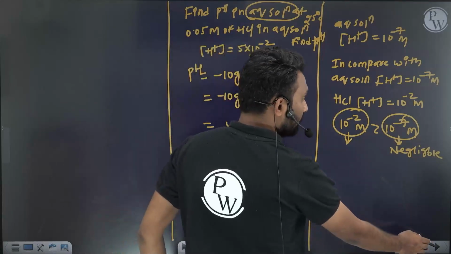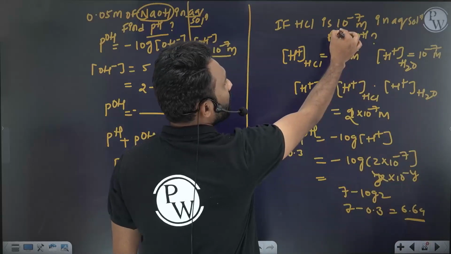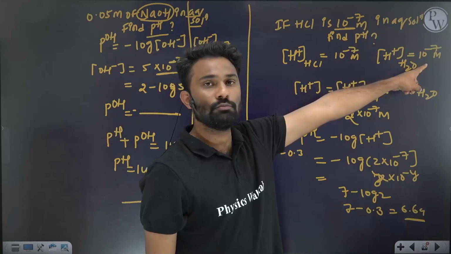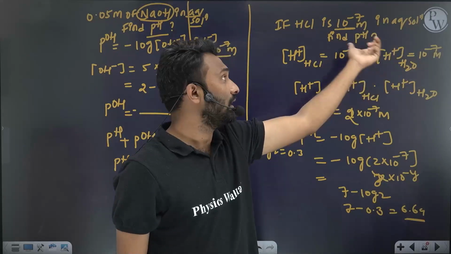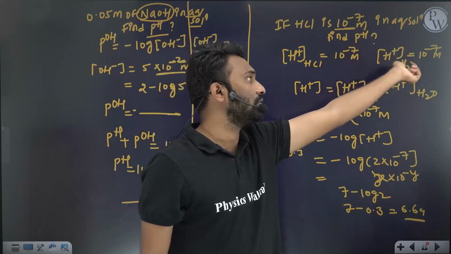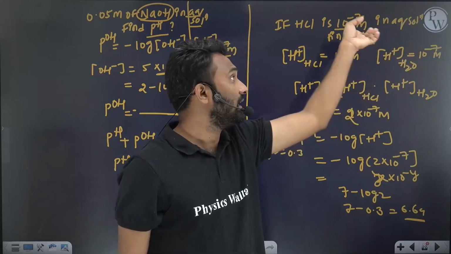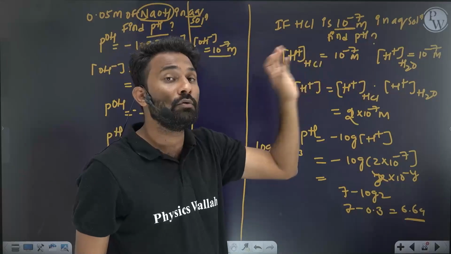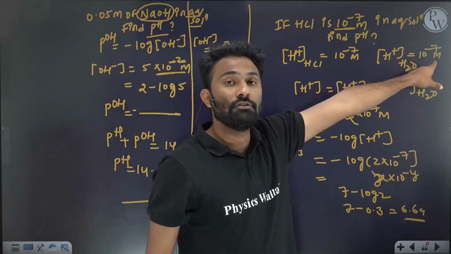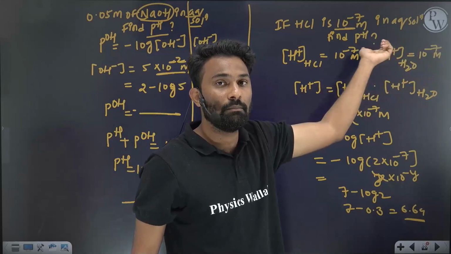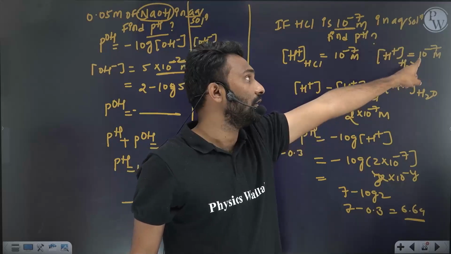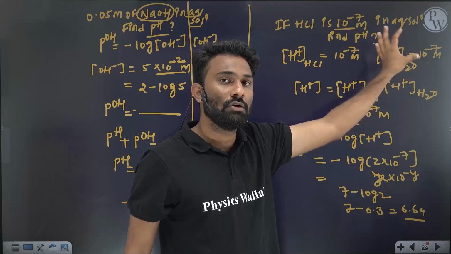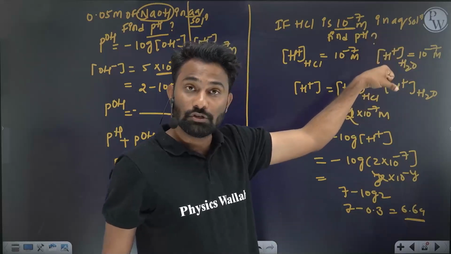In comparison with 10 to the power minus 6, the 10 to the power minus 7 concentration is almost nearer to equal, so we should not neglect it.